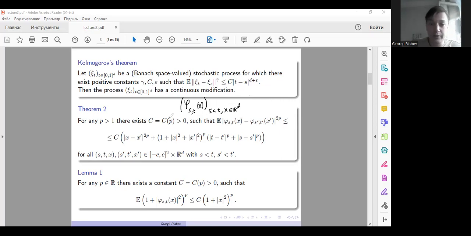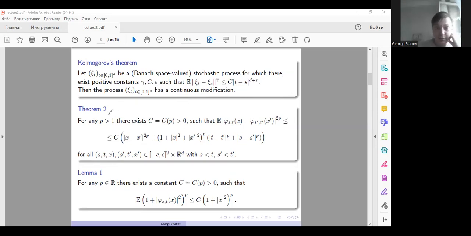Here, a little difference with Kolmogorov's theorem is that in s, t, we have a process defined not on the cube, but in the region where s is less than t. However, this region can be written as a union of a countable number of cubes. Once we have the estimate from Kolmogorov's theorem, the process will have a continuous modification.